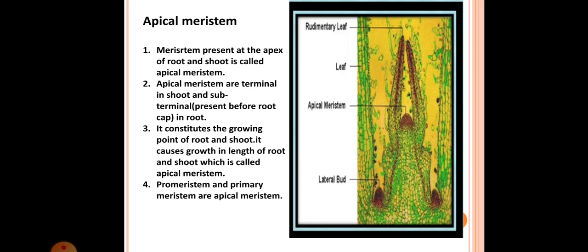It constitutes the growing point of root and shoot. It causes growth in length of root and shoot, which is called apical meristem. So here the growth in length increases, and it will grow the length of the plant, that is the root part or the shoot part.